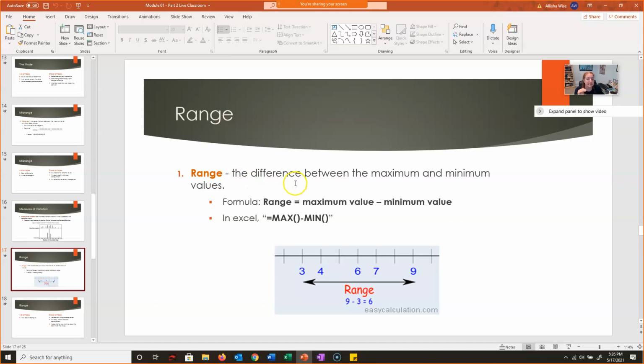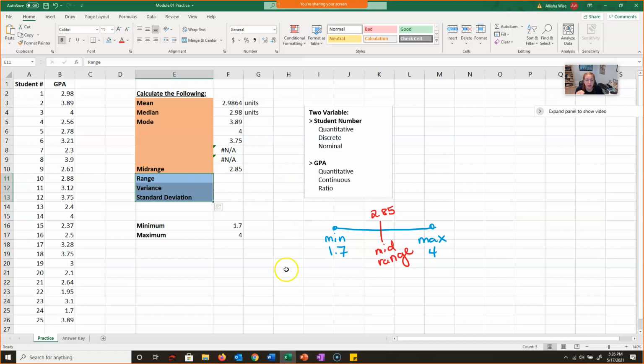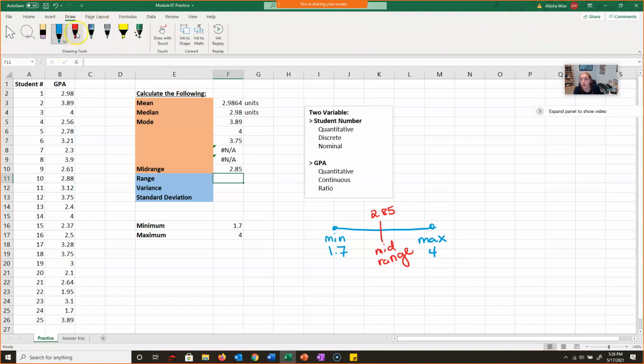The first one is the range, and the range just tells us the difference between the largest value and the smallest value. So if we look here, the range is going to be the difference between the max value of 4 and the minimum value of 1.7.